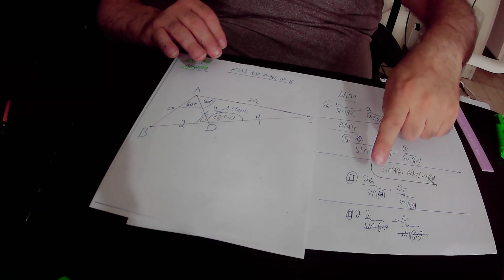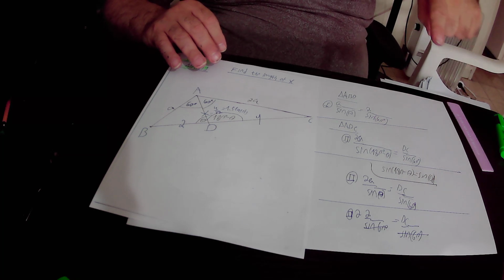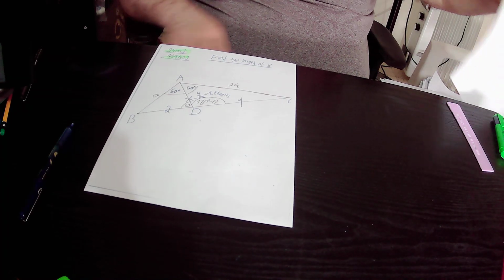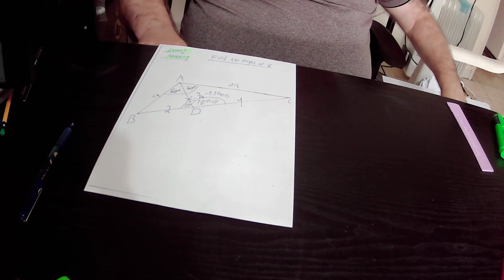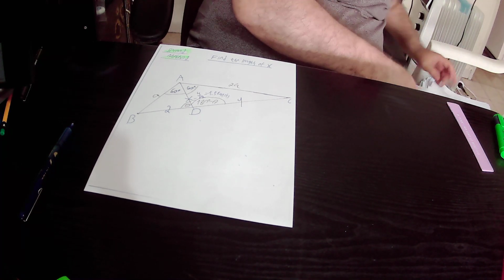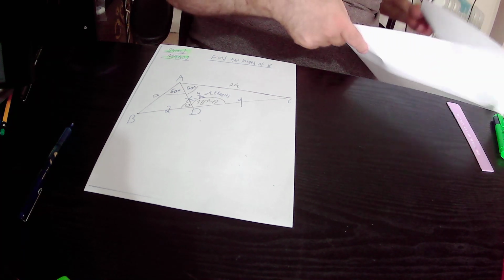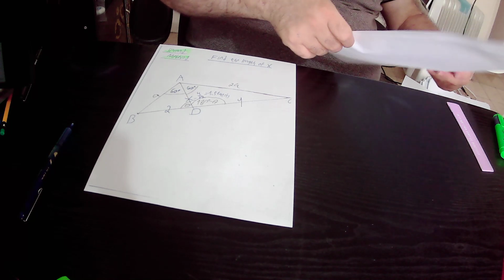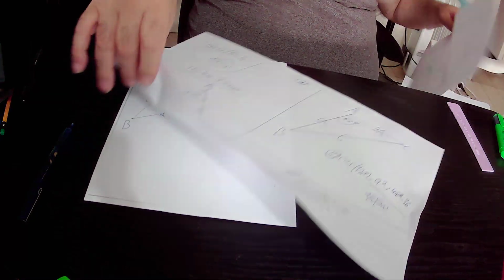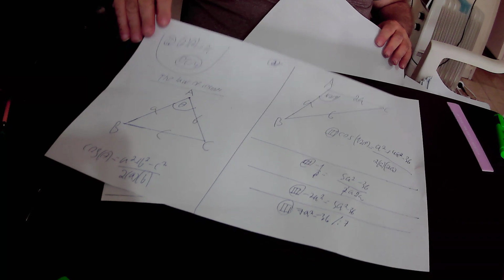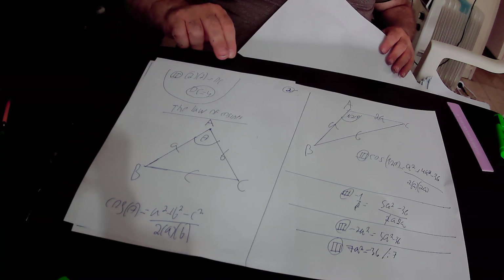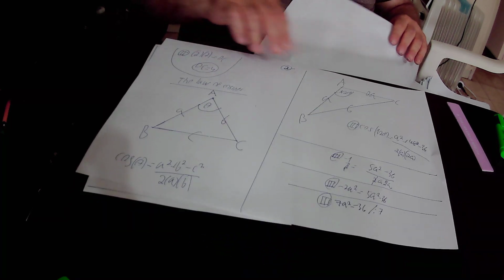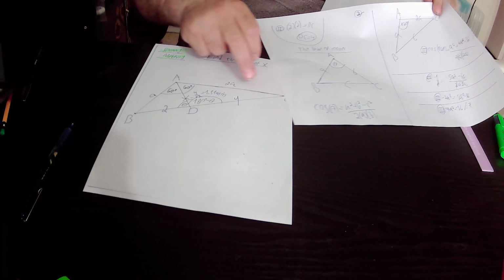Here we have sine 60 degrees on both sides of the equation, so sine 60 degrees will get cancelled. We found that 2 times 2 equals DC, that is, DC equals 4 units.